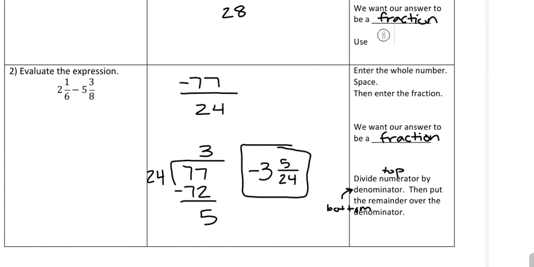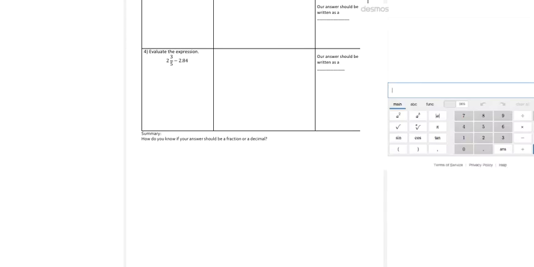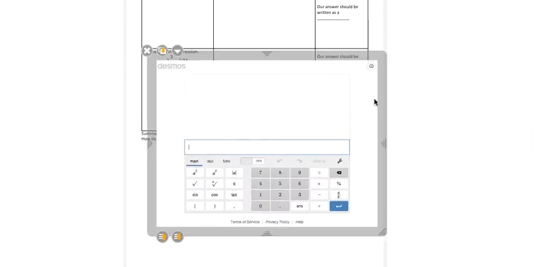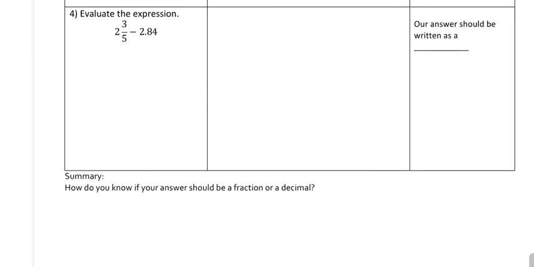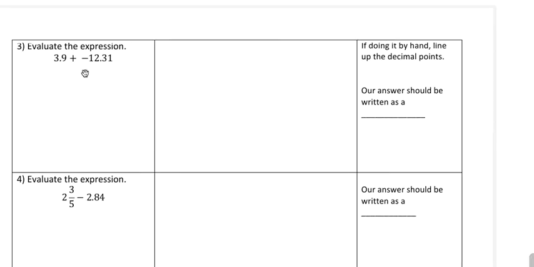All right, next page. We have 2 more problems. This one, we're going to evaluate this expression. If we're doing it by hand, we need to make sure we're lining up decimal points. I have a positive and a negative, so we'd end up subtracting. If you would like to do it by hand, you can. Some people really enjoy that.